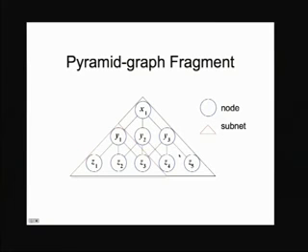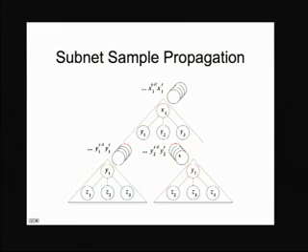Just to pop up a level and describe the way that the subnets are composed into larger structures, take this as a simple graph, the red graph in the lower left-hand corner. That would correspond to one subnet. And in the cartoons in the following, the little triangles correspond to subnets and the circles to nodes. Each of the subnets is a unit that consists of anywhere from 20 to 100 nodes.